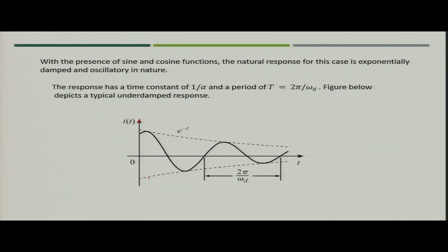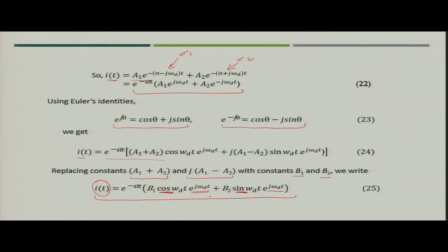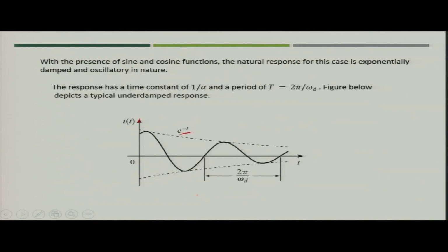The response for current would be exponentially decaying and also sinusoidally varying, because you have sine and cosine terms in the equation. The response has a time constant of 1 by alpha, and the period will be T equal to 2 pi by omega d. You can see this from the figure.